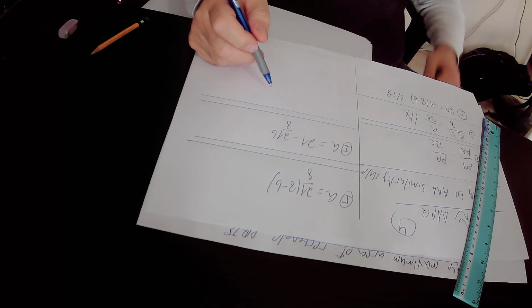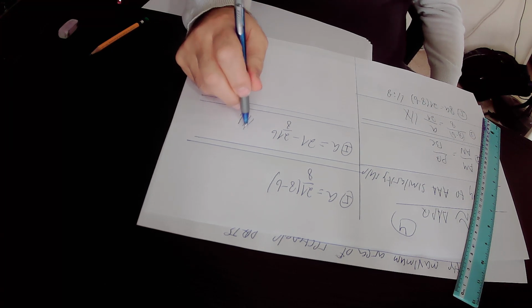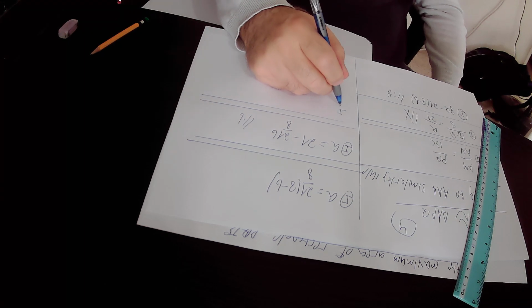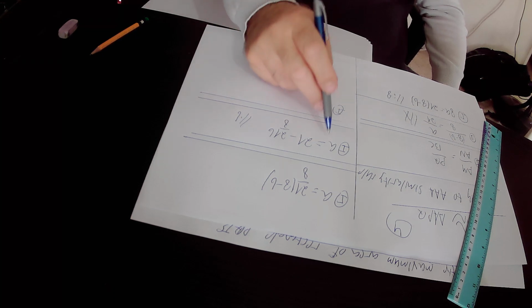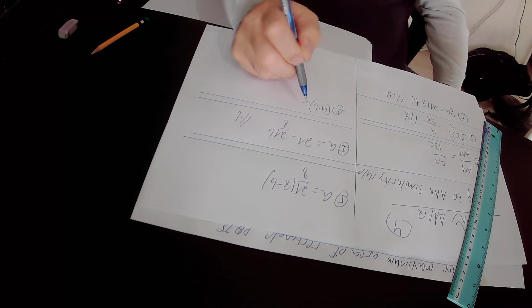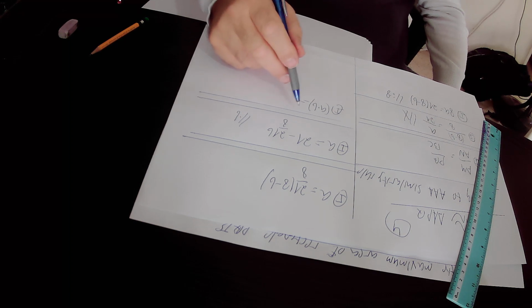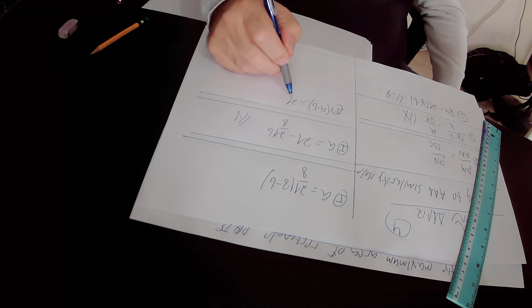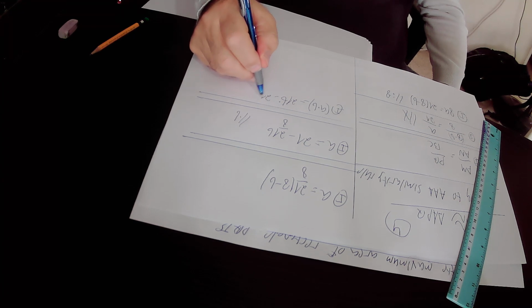So in conclusion, we found out that according to equation 1, A equals 21 minus 21B over 8. Here we multiply this equation, equation 1, by B, and you get that A times B equals 21 times B minus 21 over 8 B times B, which equals minus 21 over 8 B squared.